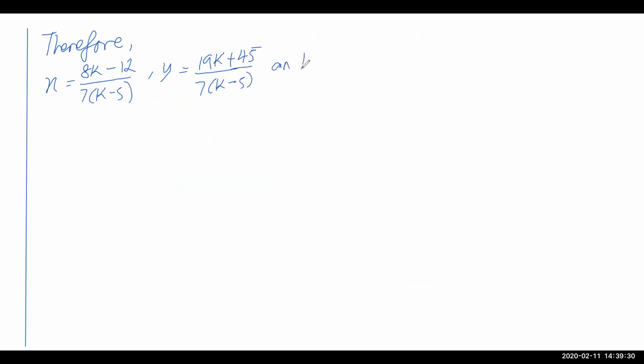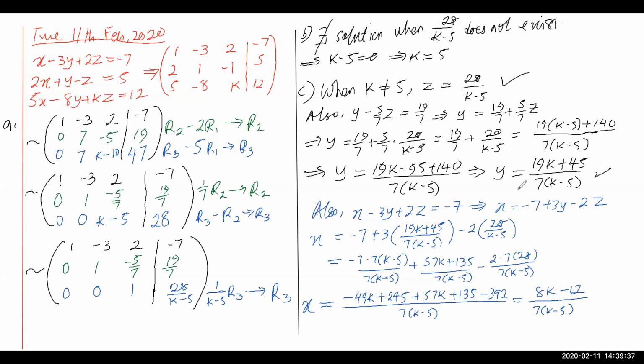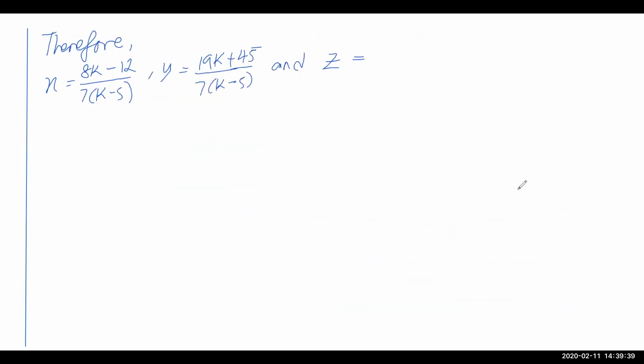And z, which was the first, z is 28 divided by k minus 5.